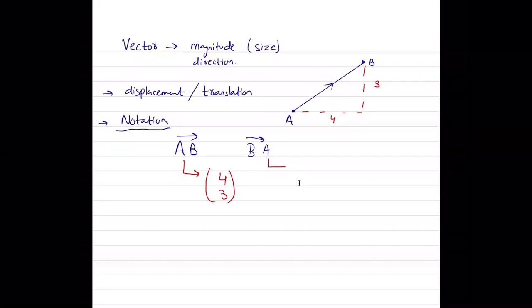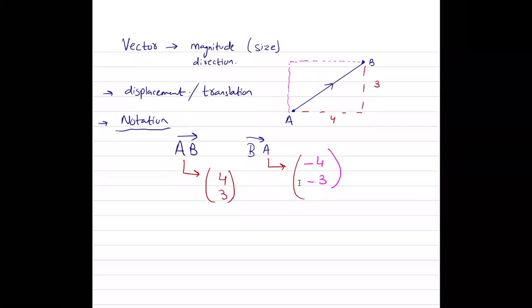However, BA is going to be opposite. For BA, you will have to move first the 4 units to the left and then 3 units down. So this is how BA is written as a column vector (-4, -3).